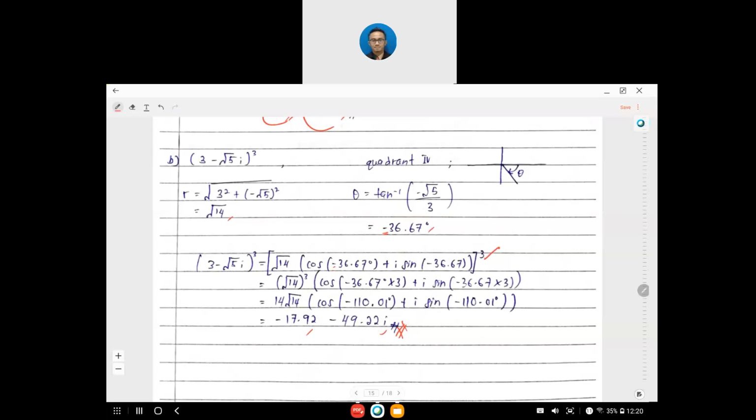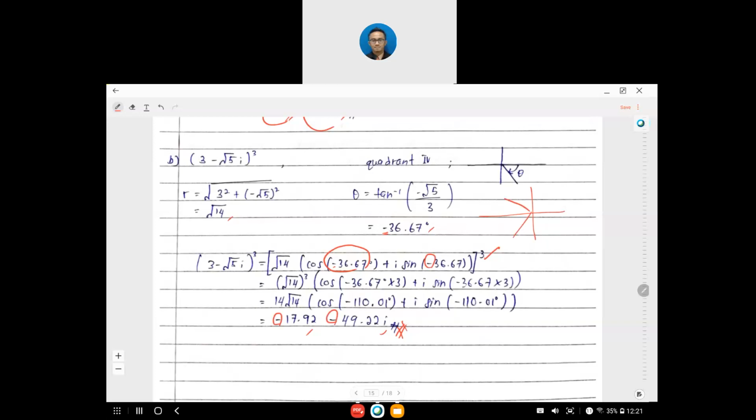Wait, okay, you cannot use this one. You cannot use negative, because when you press it, I'm afraid it gives the answer here or here. So you must change to the other value. Because here you should not get a negative.